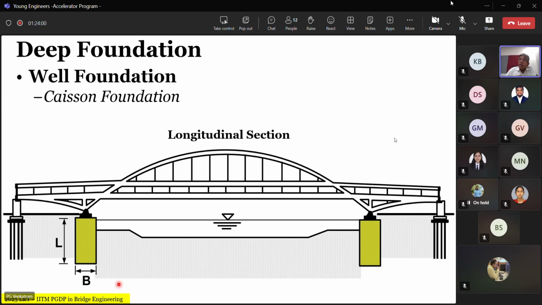So let us say we have a 30-meter deep well to do. So that means the diameter should be 2/3 of that, about 20-meter diameter. Or 15-meter diameter. If it is 1.5, it will be 20-meter diameter.